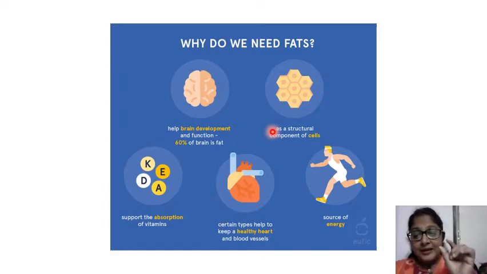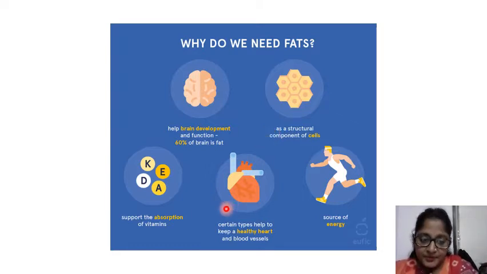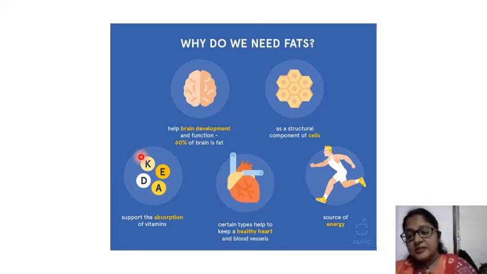That lipid layer is what the fat is, and it is a very important structural component of the cell. We know that there are certain vitamins like vitamin A, D, E, K, which are absorbed in our body only with the help of fat. So fat is important for the absorption of these vitamins.